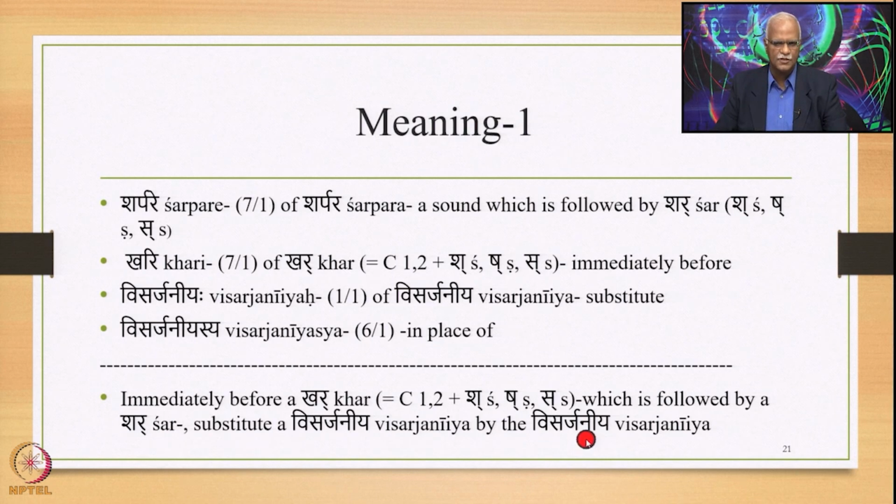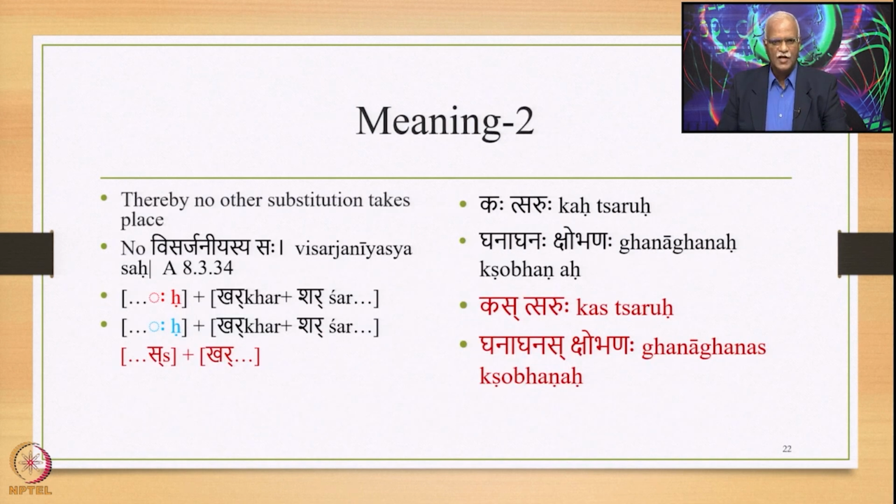So there is no other substitute that takes place, only Visarjaniya is the substitute. So Visarjaniyasya saha does not take place over here. Thereby no other substitution takes place, no Visarjaniyasya saha.